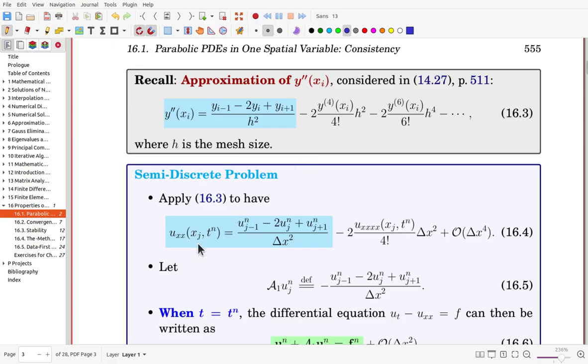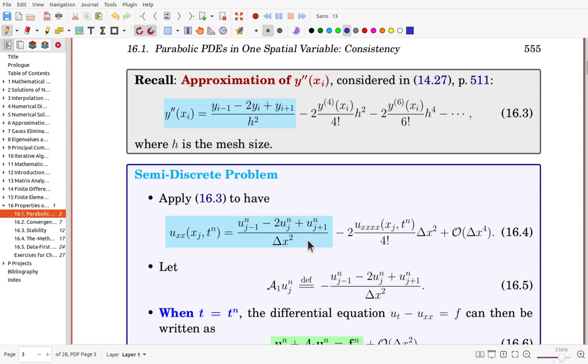Now, at x_j and time level t_n, the second derivative u_xx can have this difference formula, and then the remainder. And at the nth level t_n, the function values must be evaluated at the same level. By ignoring this portion, we may use this one for our approximation.